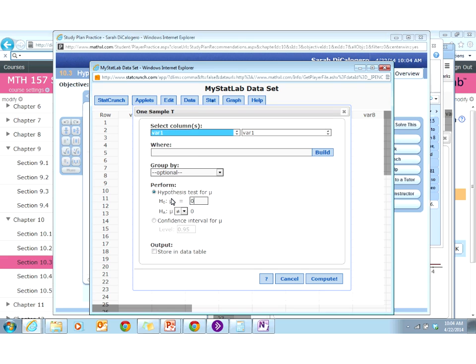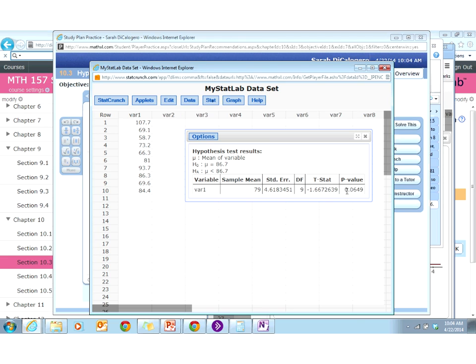It's in variable 1. H naught is at the mean, 86.7, and the alternative is that it's less than 86.7. That's all you have to write. So you select your column, choose your hypothesis test, put in the conditions, compute.